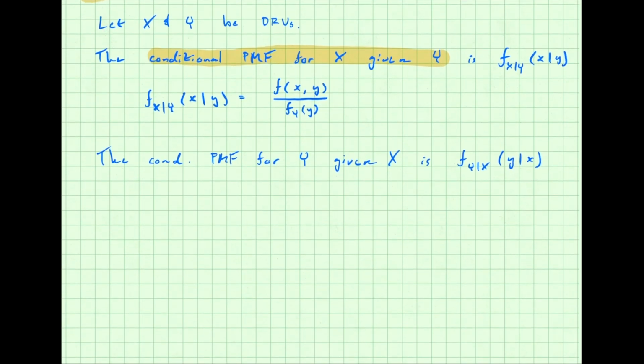And then the formula looks the same, but with the letters swapped. There's no point in swapping the numerator. It doesn't matter. The order is not important here. Okay, so that's our definition, and I guess we'll highlight that too.